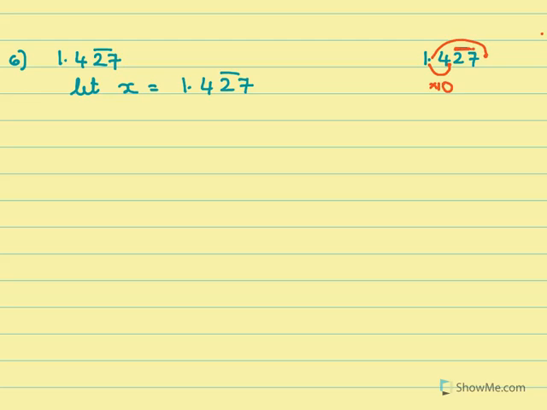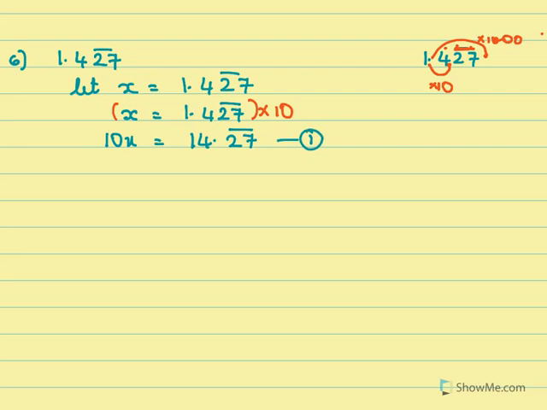So to get after recurring, I have to multiply by 1000. So the first we'll take x equal to 1.427 bar, and I multiply this by 10. When I'm multiplying by 10, I will get 10x equal to 14.27 bar. I put this equation 1.